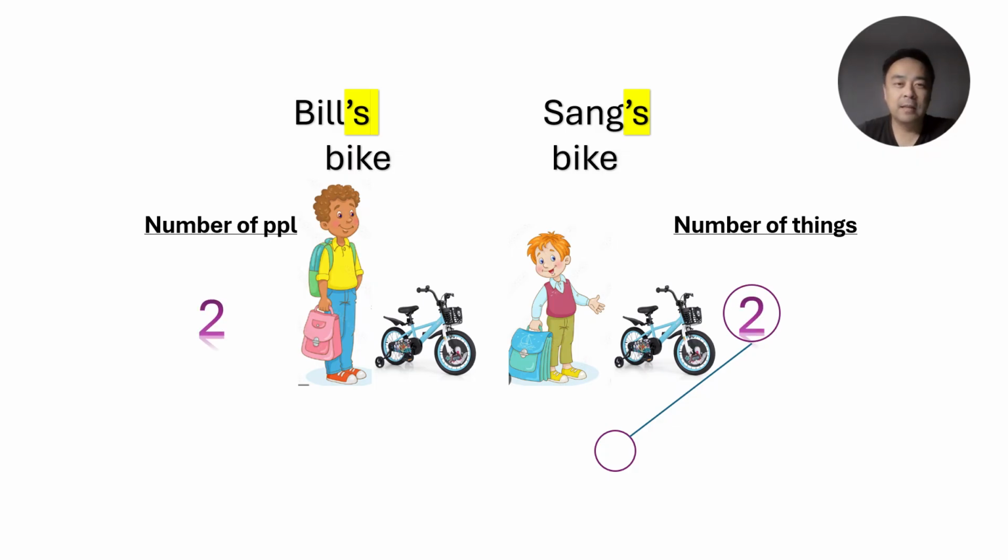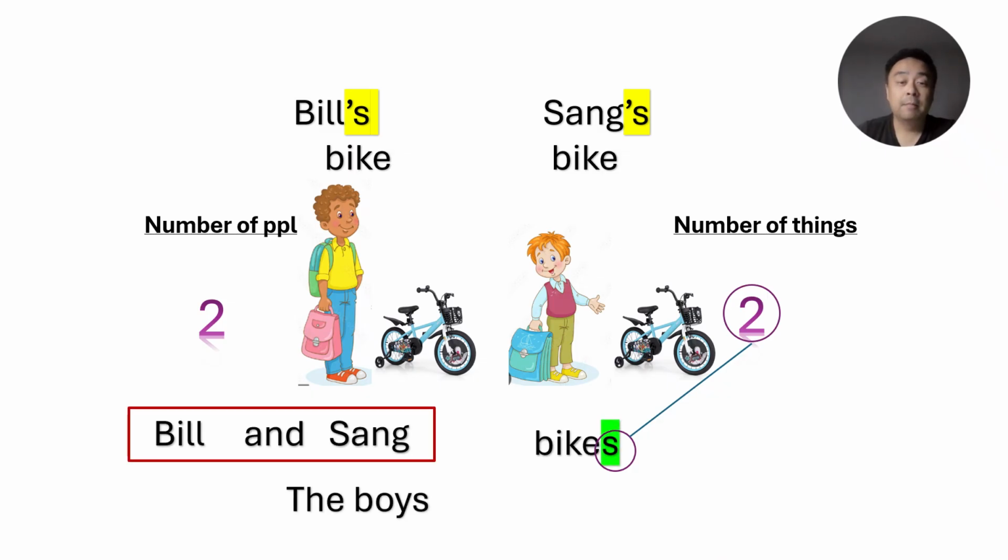So I have two boys and I have two bikes. Each boy has one bike. Bill's bike, Sang's bike becomes Bill's and Sang's bikes. Now at the bottom, I still have the boys' bikes. All right, you can pause the video. We can go back and look at it again. I hope this makes sense.